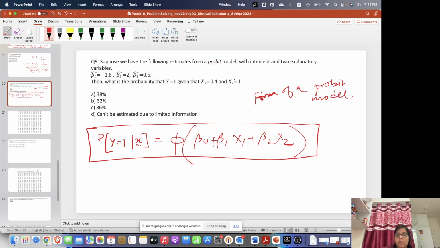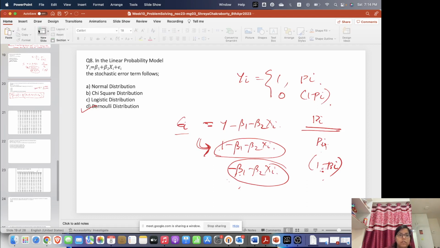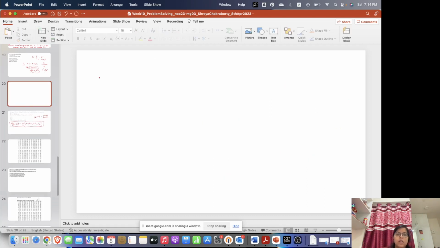In case of probit or logit model, in general, probability of y equal to 1 equals some g of beta naught plus beta 1 x1 plus beta 2 x2 plus up to beta k xk.